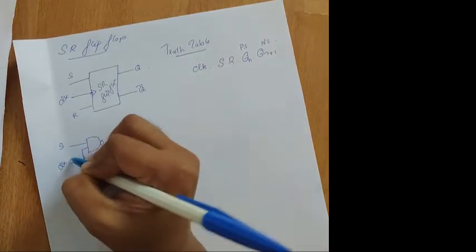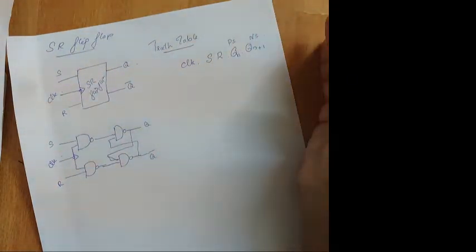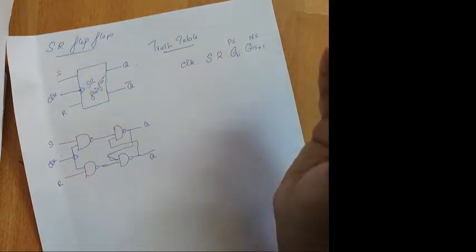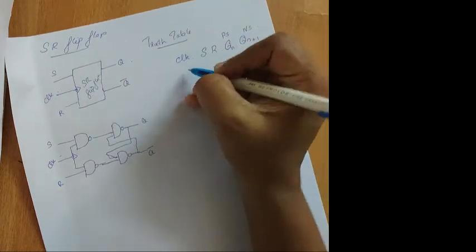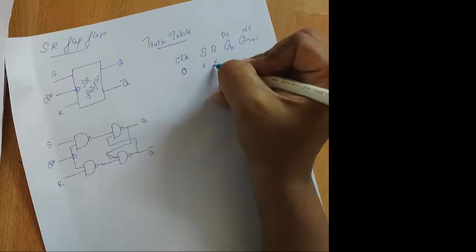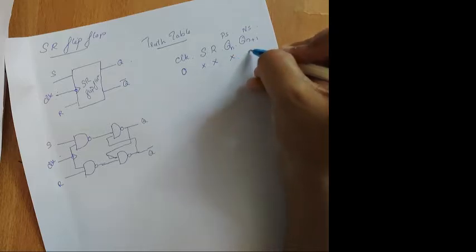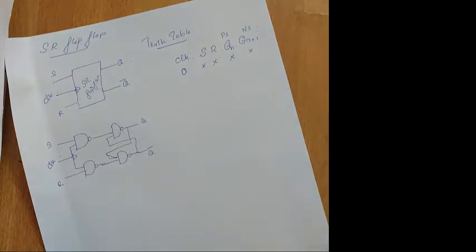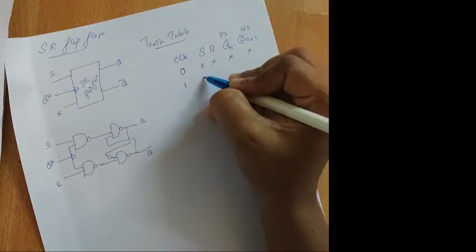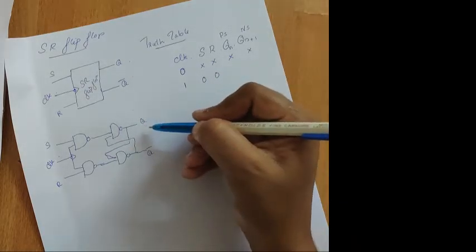SR clock. I told you, if the clock pulse is present, then only the flip-flop with S and R will be activated. Otherwise, it won't be activated. So if the clock pulse is 0, whatever input conditions you give to S and R, the output won't work. Okay. If the clock pulse is high and the input is 0, 0, there should be a present state over here.